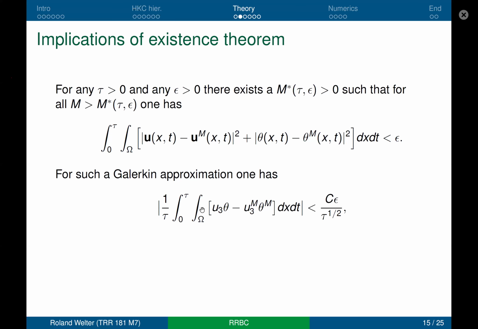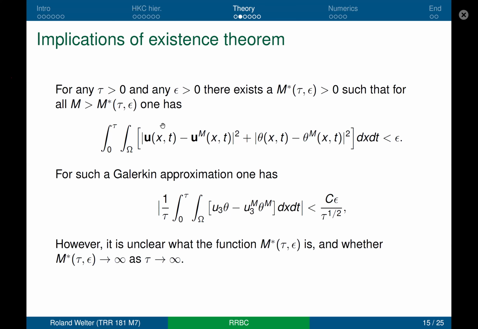And if we're thinking about trying to use this existence theorem to study the Nusselt number, which is an infinite time average of this U3 times theta, then this says that this infinite time average should be well approximated if M is chosen sufficiently large.